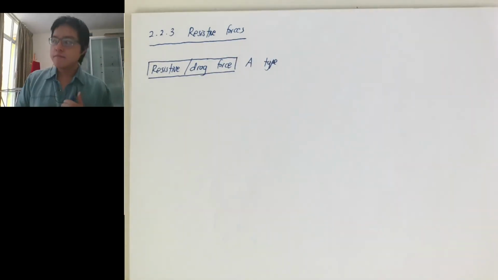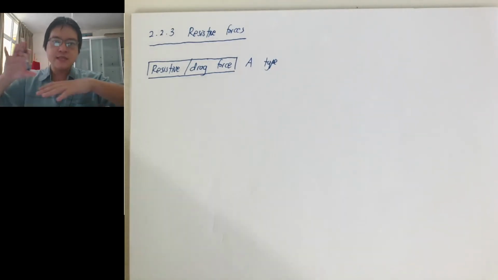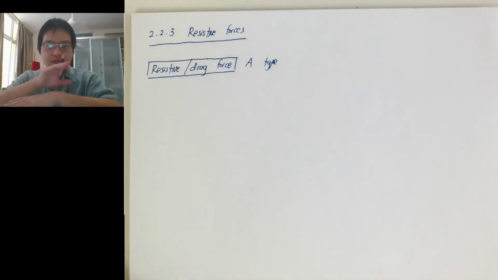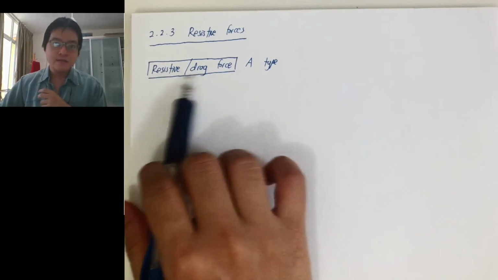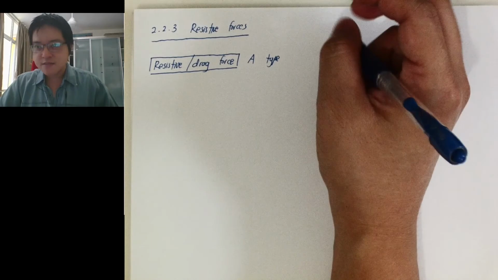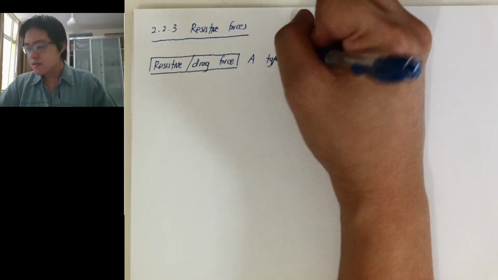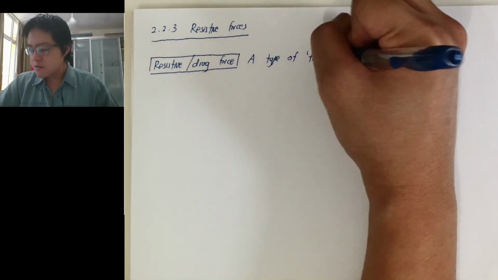But for me, I call it friction specifically when it happens against a solid surface. With a solid surface, it's static or kinetic friction. But if it's going through a fluid, either liquid or gas, then you get this resistive drag force. Sometimes you call it air resistance or water resistance. So it is a type of friction, but not really a friction.